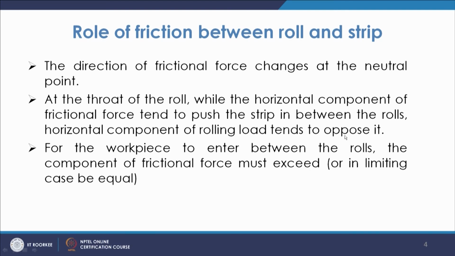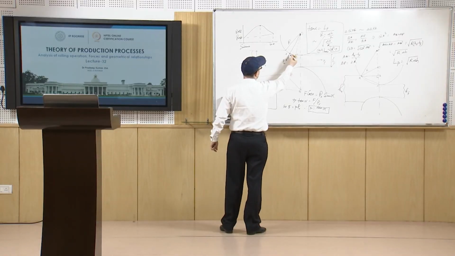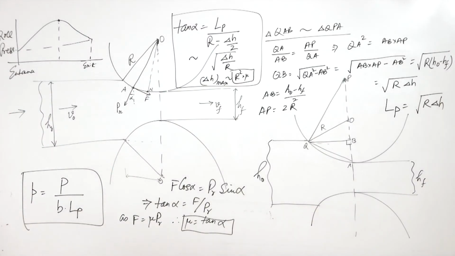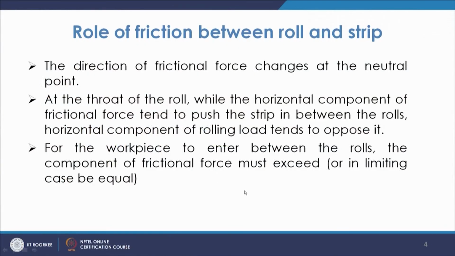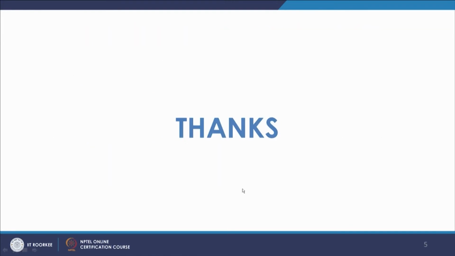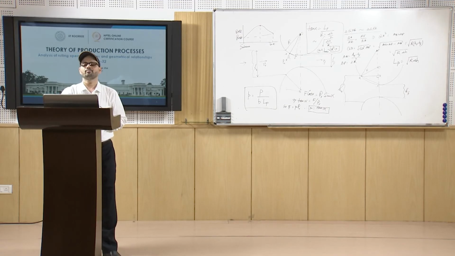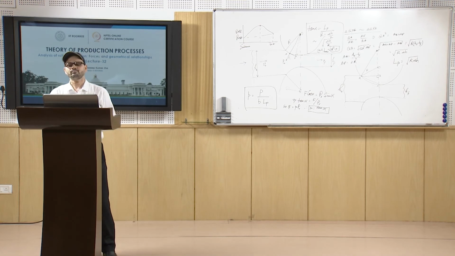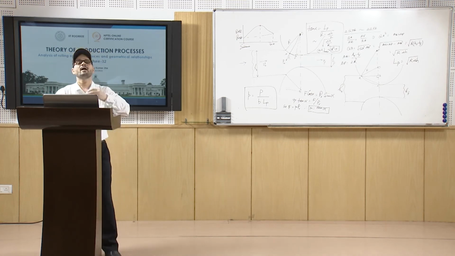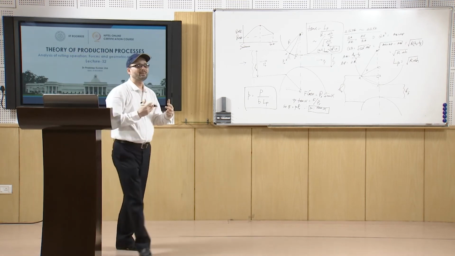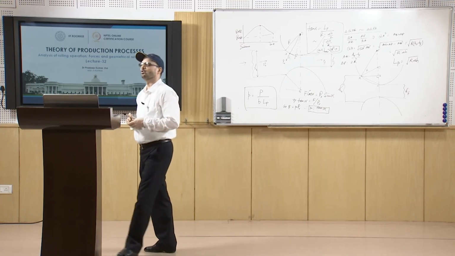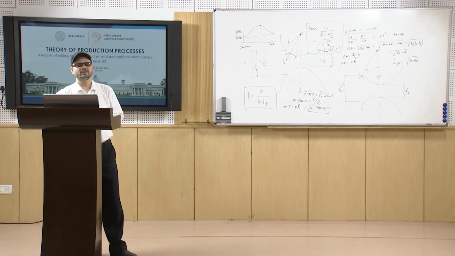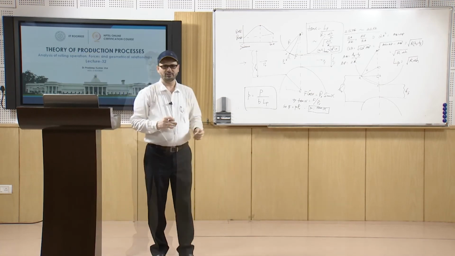For the workpiece to enter between the rolls, the component of frictional force must exceed it or, in the limiting case, be equal. Now, we will see how we calculate the rolling load in rolling.